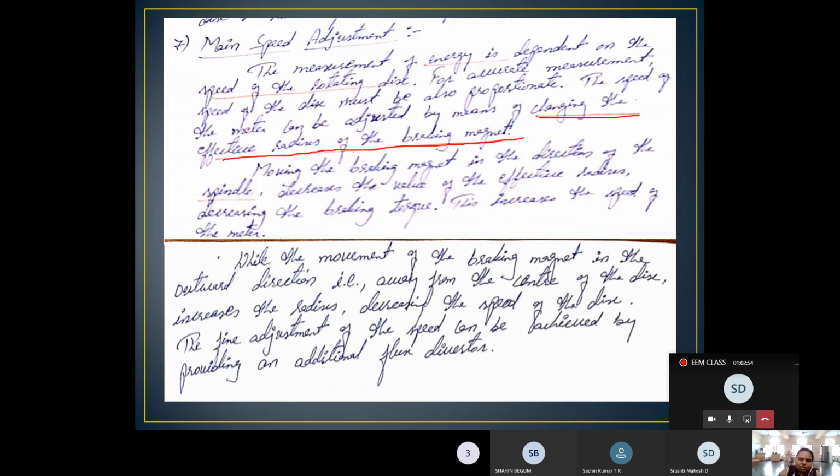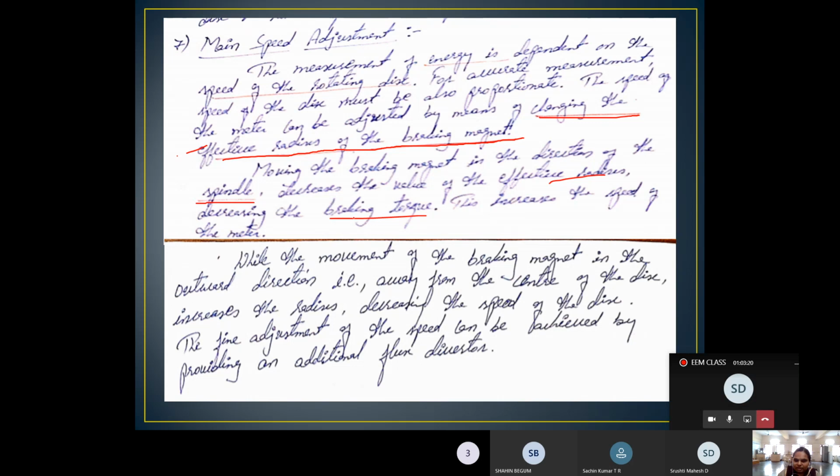The radius of the disc we choose should be appropriate. That is the adjustment we are going to do here. Moving the braking magnet in the direction of the spindle decreases the effective radius, decreasing the braking torque.